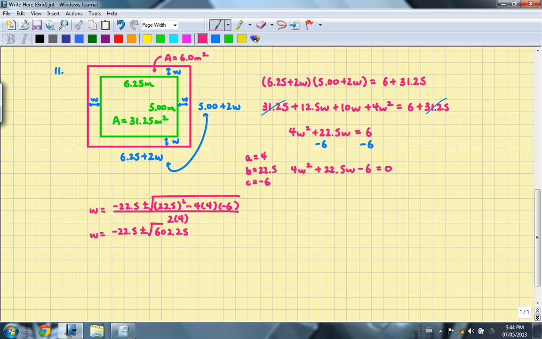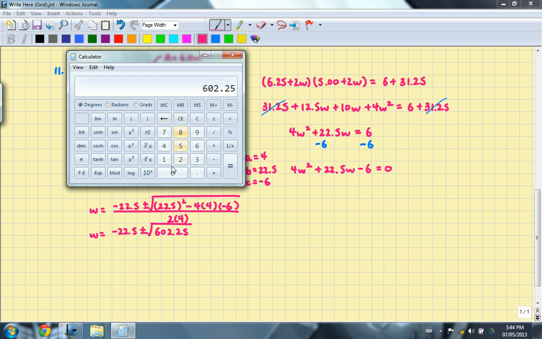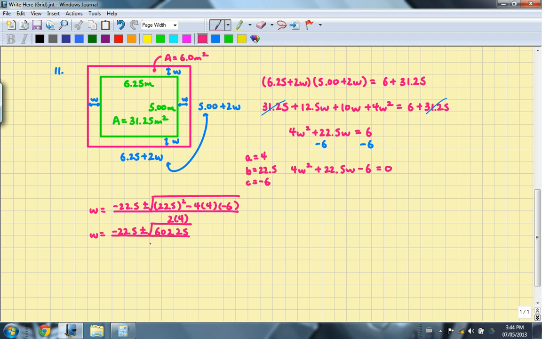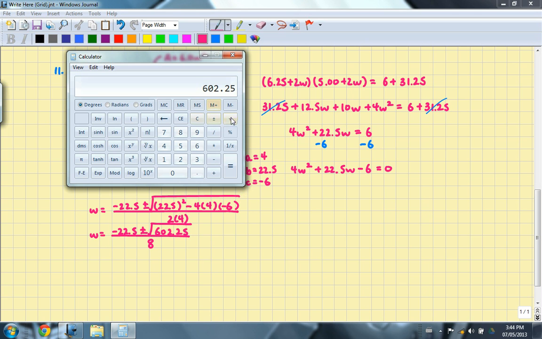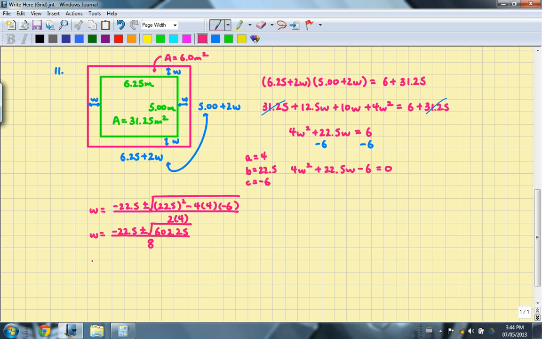And we're going to have to take the square root of that, and we divide by 2 times 4, which is, of course, 8. So we take the square root of this, it's going to be 24.54, so you can just round it to 24.5, I guess. And this will be divided by 8.